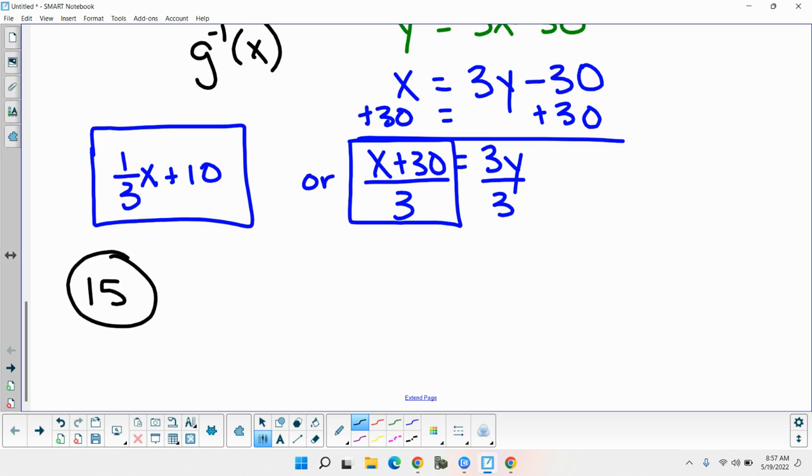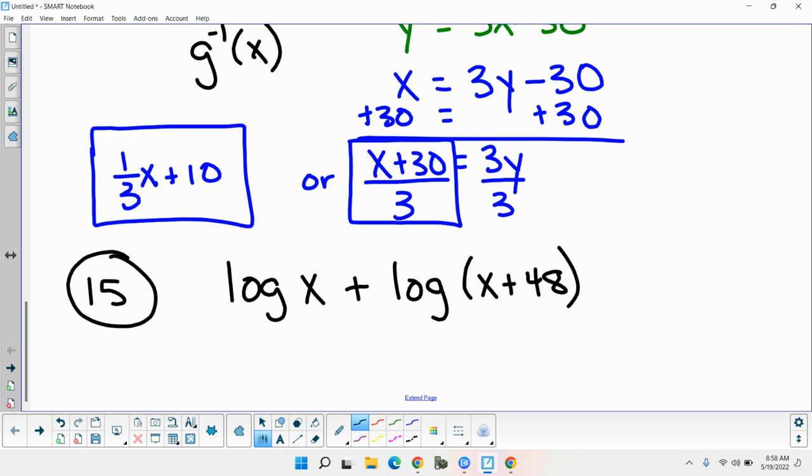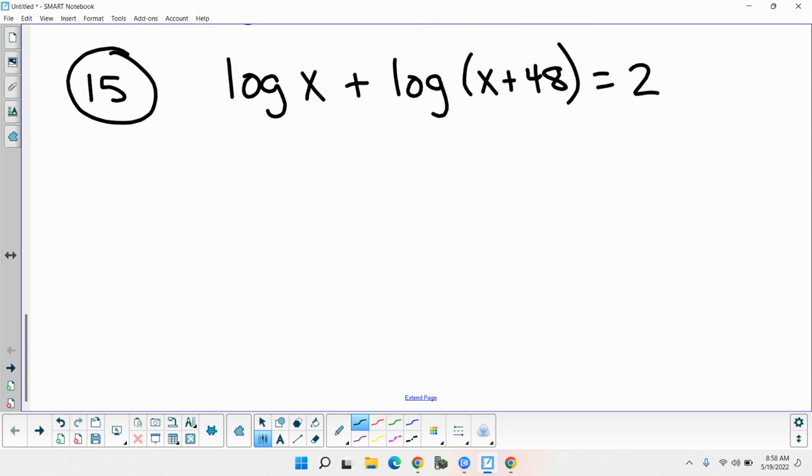All right, so the first one is we're solving this logarithmic equation. When you have a logarithmic equation and you want to solve it, you have to turn two logs into a single log. You have to condense it. So how do we condense those two logs?